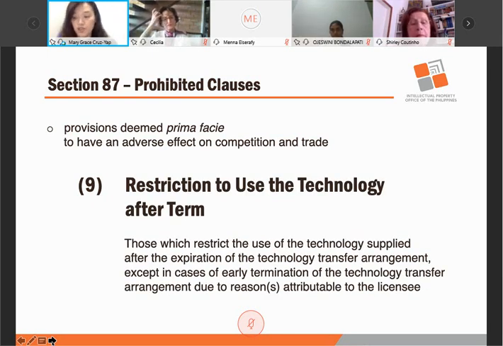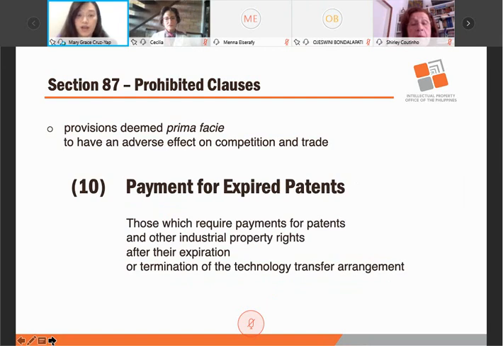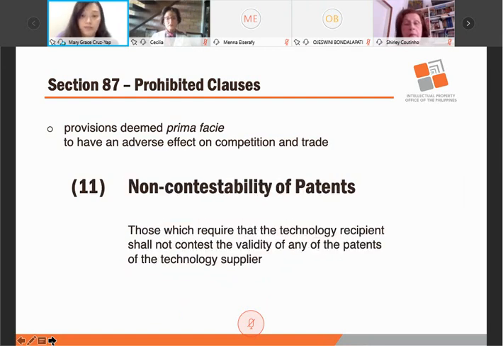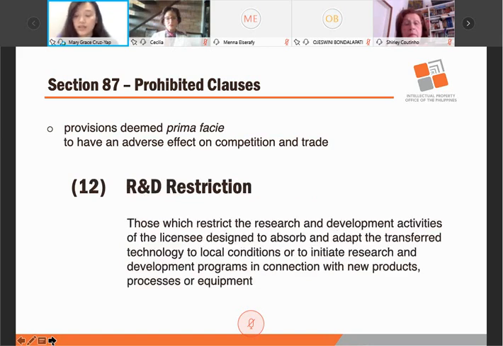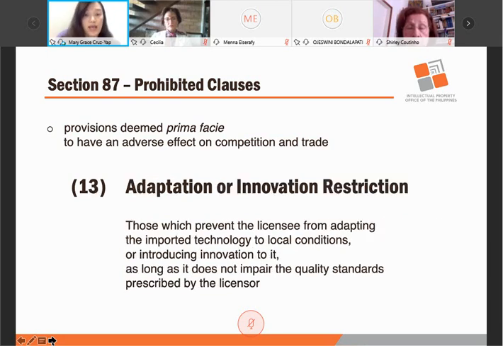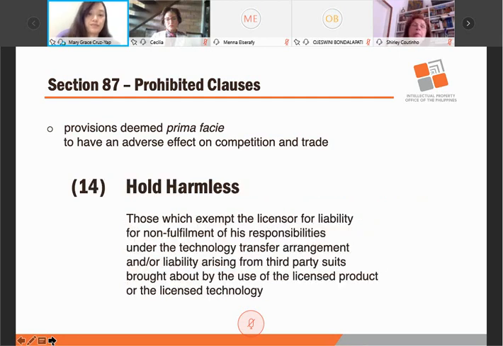Restriction to use the technology after term is a prohibited clause. Payment for expired terms is also prohibited. Non-contestability of patents. And R&D restriction. For Section 87.12 and Section 87.13, the main reason for putting these as prohibited clauses is that we want to promote technology transfer, and an R&D restriction, as well as an adaptation or innovation restriction, will prevent technology transfer, innovation, and development.